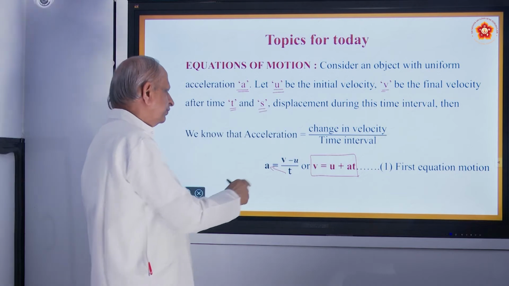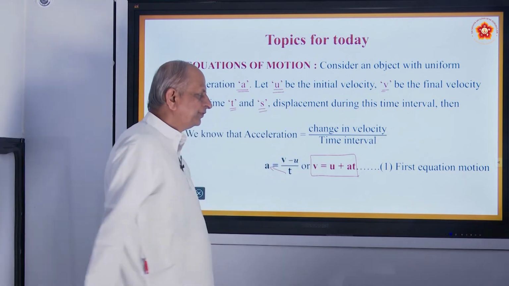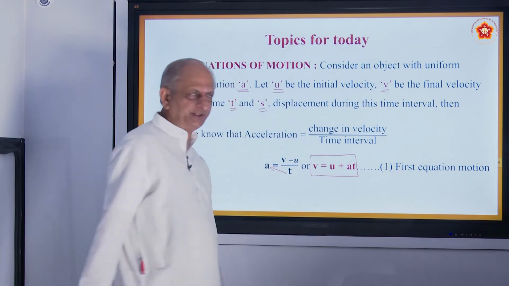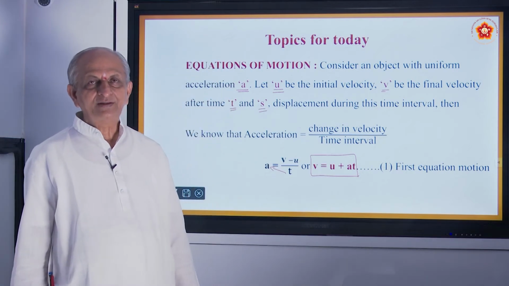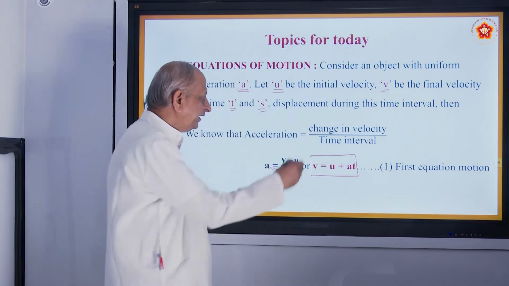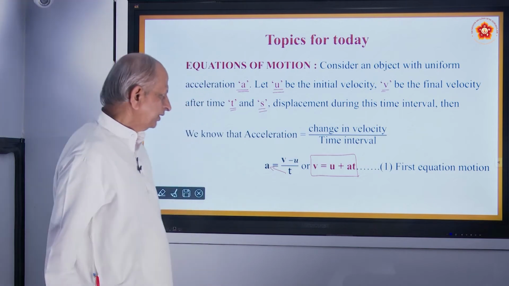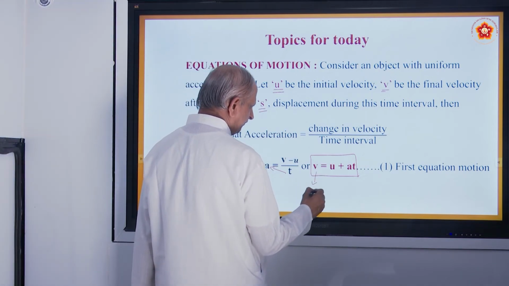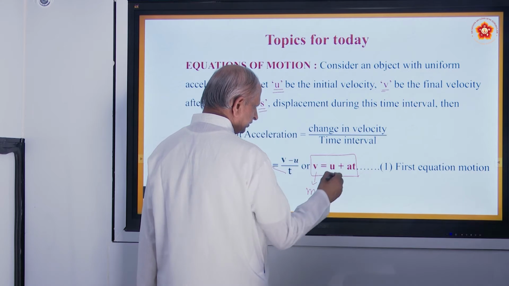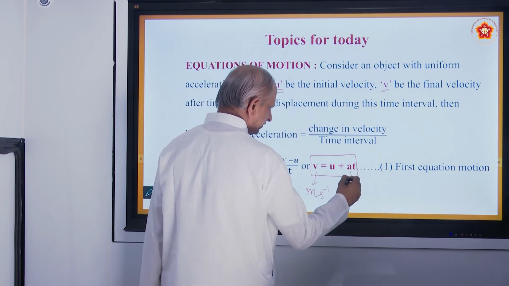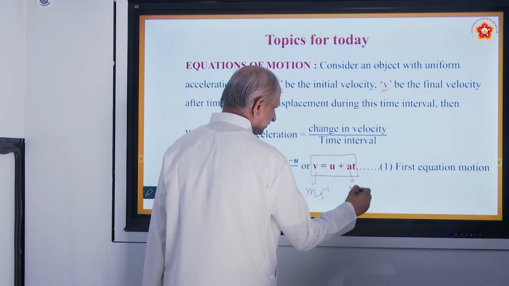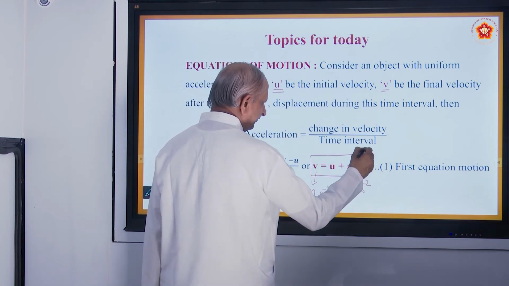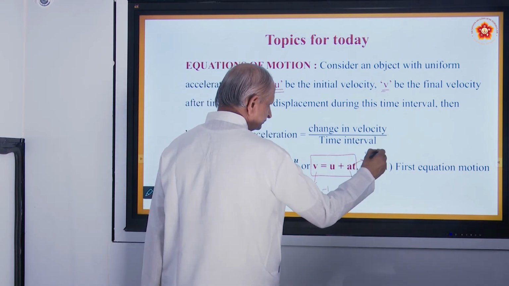Okay. So what is v? v is final velocity. What is u? Initial velocity. What is a? Acceleration. What is t? Time. And how do you measure v? Measured in terms of meter per second. Velocity u also. a is measured in terms of meter per second square. t is measured in terms of seconds.